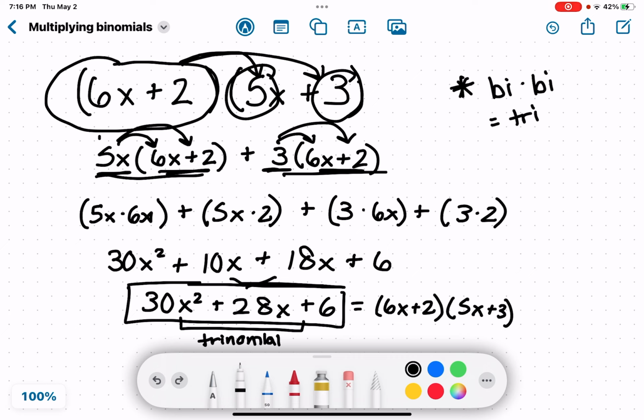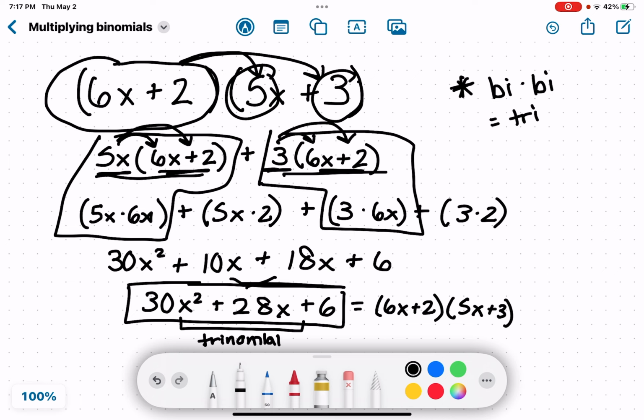And as illustrated here, and here, a monomial times a binomial equals a binomial. Okay? So not super significant, but something that might be helpful later on in different instances.